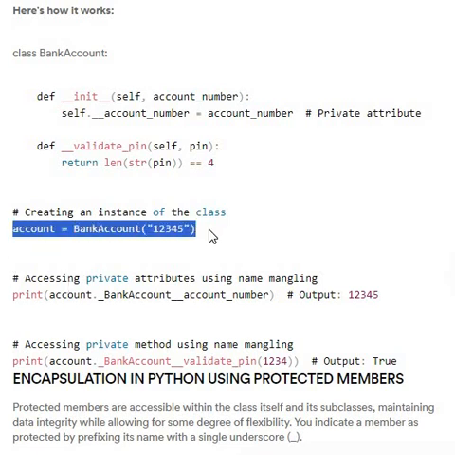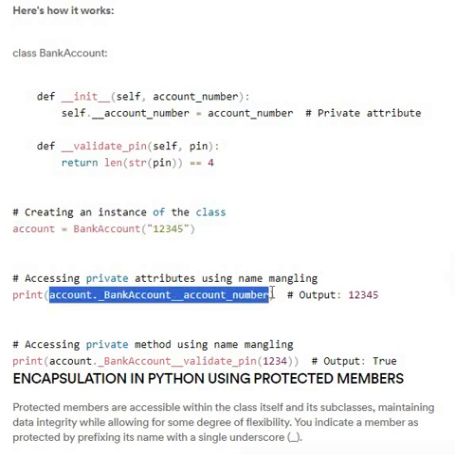The object name is account and the account number is 12345. Now I am accessing the private attributes using name mangling. The way you access is: object name dot, BankAccount, that is your class name, and account number.